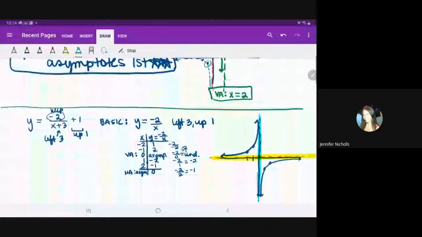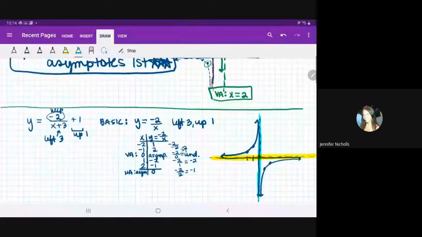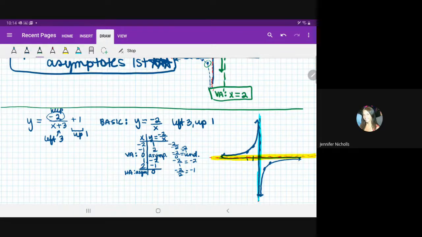Okay, so the blue one is called a vertical asymptote, and I need to move that blue one left 3 up 1. But really only the left is going to make a difference because moving the blue one up 1 doesn't do anything. So it just shows up here, left 3. Okay.